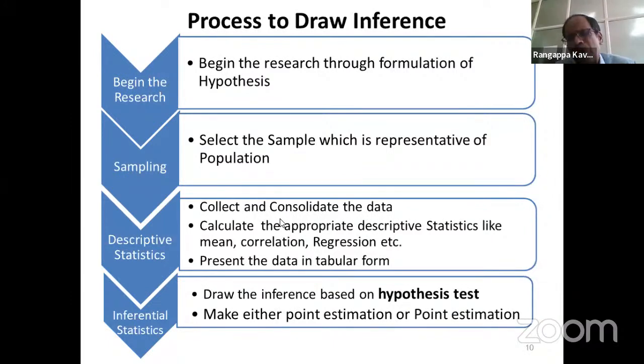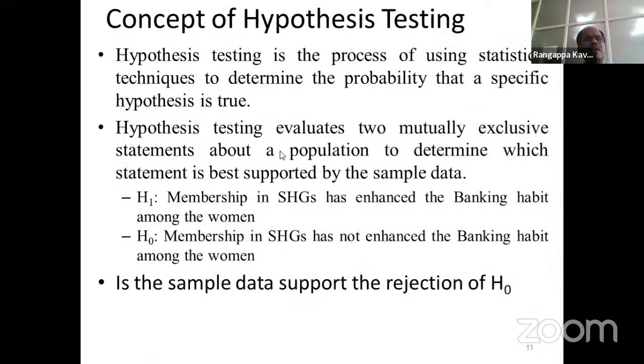And even ANOVA, the F-test, single factor ANOVA, double factor ANOVA, one-way classification, two-way, these are some of the tests we use while drawing the inference. So this is the way we have to draw the inference.